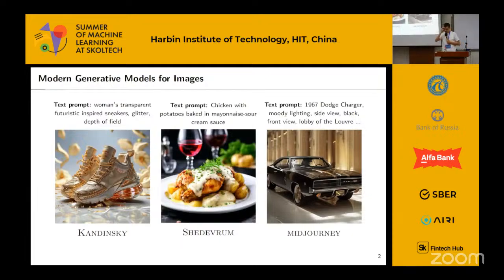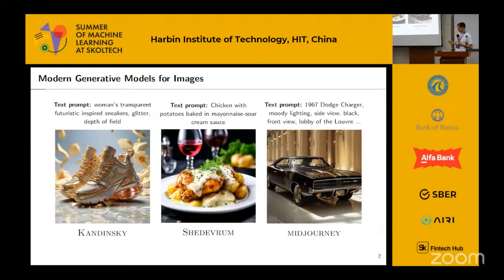Well, as you all know, modern state-of-the-art generative models for images are primarily based on diffusion models. They're able to generate high-quality content by using the theory of stochastic differential equations and so on.